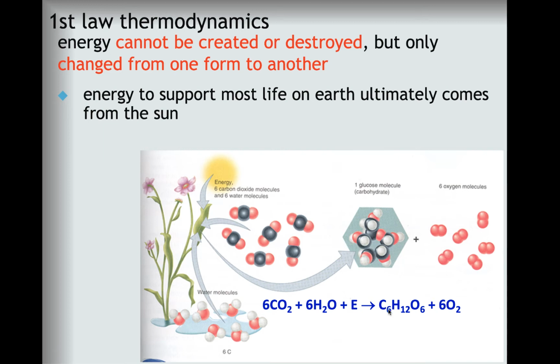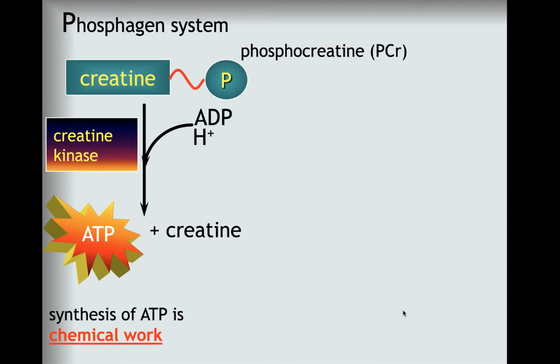And then we build these complex biomolecules, not just carbohydrates, but also protein and lipid. And then a byproduct of that whole process is production of oxygen. Now, we turn it around and we break down carbohydrate in the presence of oxygen, and we produce energy and have CO2 and water as byproducts. Well, now we're looking at cellular respiration.